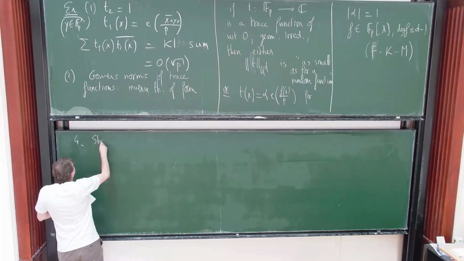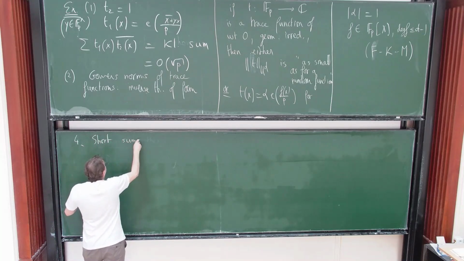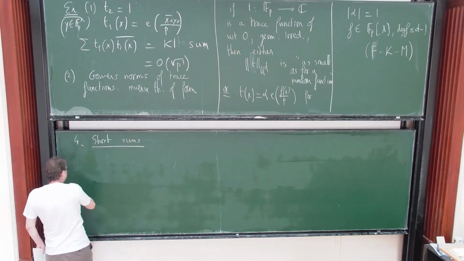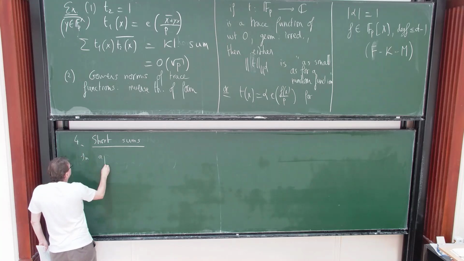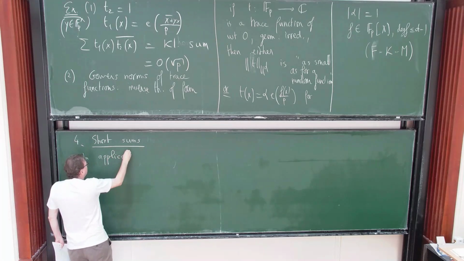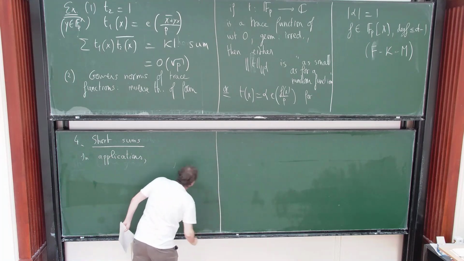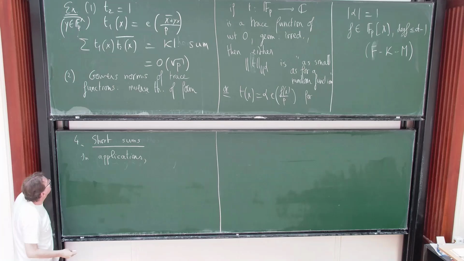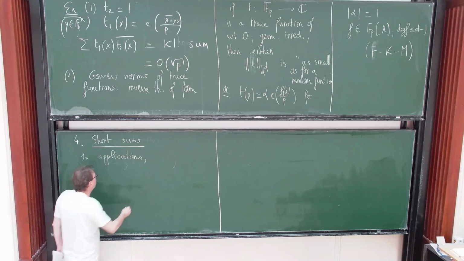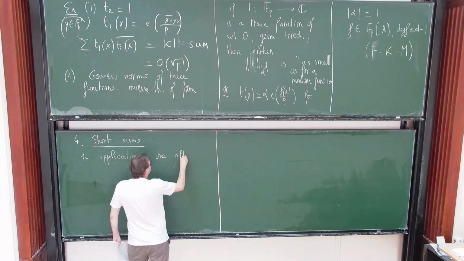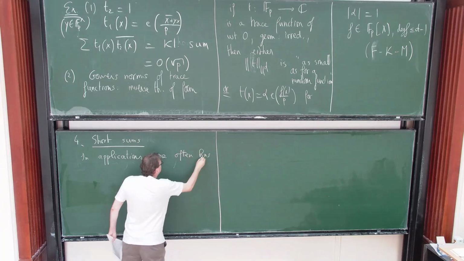Okay, so section 4 is short sums. So in applications in analytic number theory, one quickly learns that it's very often not the full complete sum over the whole parameter space of the trace function that comes up. One often has to deal with short sums.